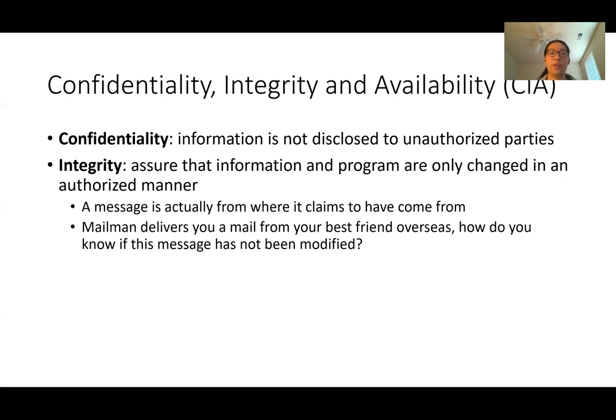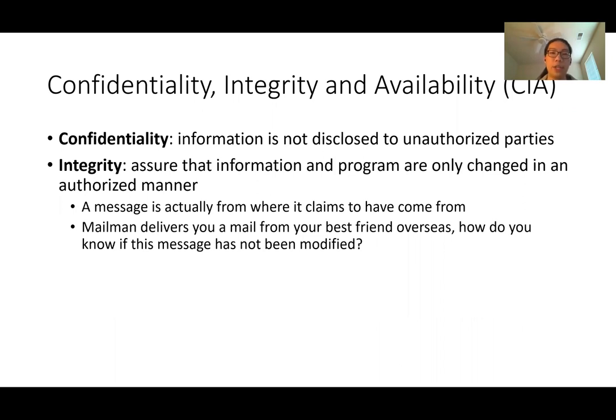So my example here is if you deliver mail to your best friends overseas, right? How do you know that this message has not been modified? In high school, I remember reading this book, Rosencrantz and Guildenstern Are Dead, and it's a kind of spin-off of Hamlet. And if you remember, in Hamlet is where the king sends Hamlet overseas to another country and gives him a mail. In the mail, it tells him to execute Hamlet upon landing.